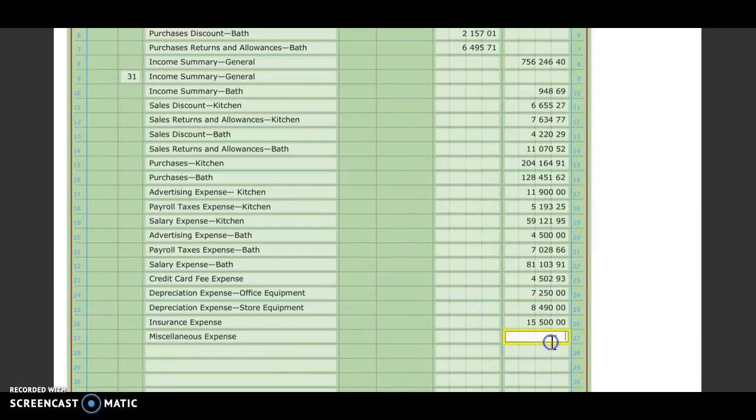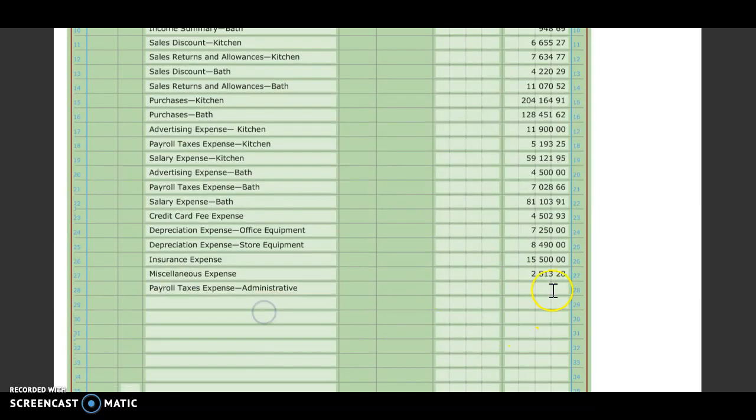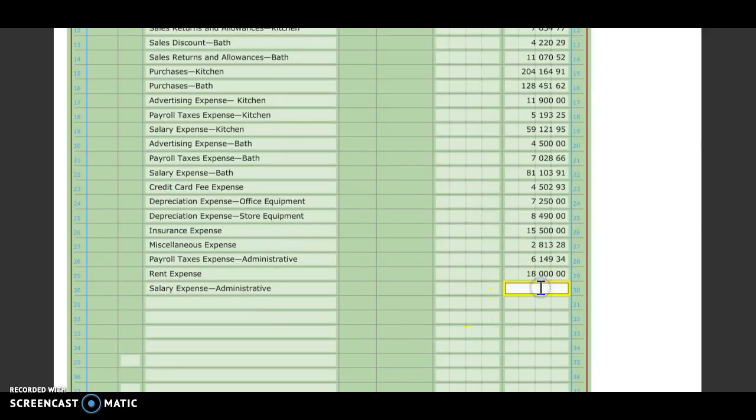Miscellaneous expense, $2,813.28. Payroll taxes expense administrative, $6,149.34. Rent expense, $18,000. Salary expense administrative, $71,001.51.